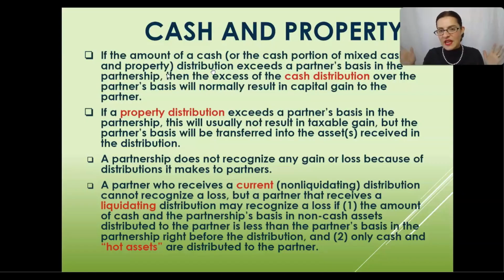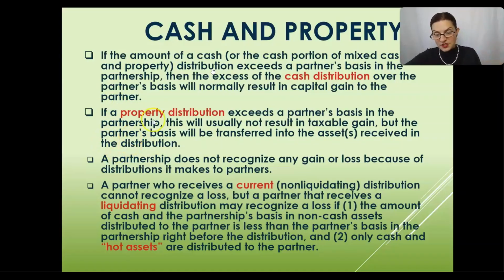And then in that case, you have a capital gain if you receive a cash distribution in excess of your basis. It just doesn't happen very often because most of the time the partnership doesn't have the cash flows to support that sort of thing for the partner to actually be receiving cash in excess of their basis. However, if they do receive cash in excess of their basis, it normally results in a capital gain to the partner. It's just most of the time you don't see it because partnerships don't have the cash flow to do that.